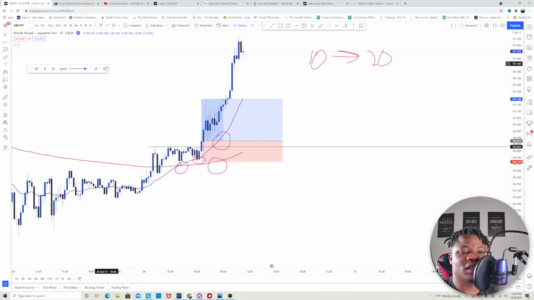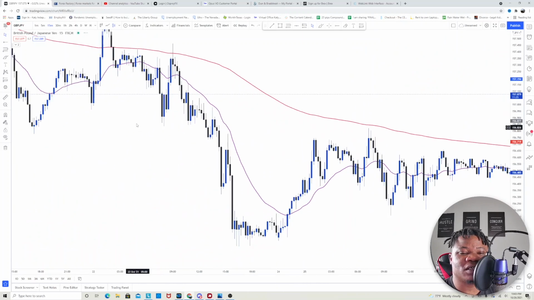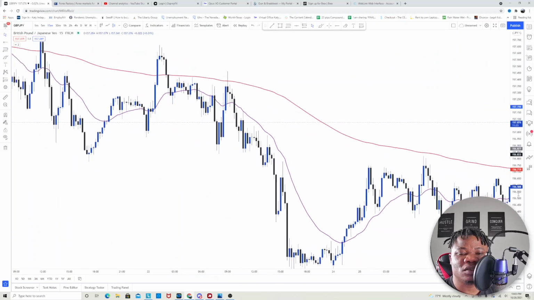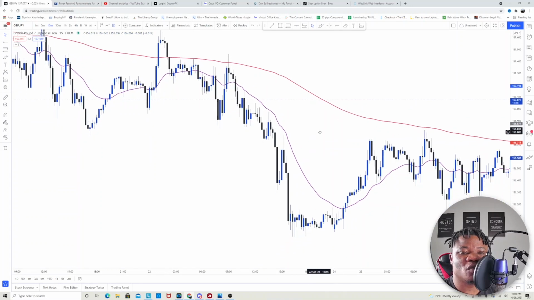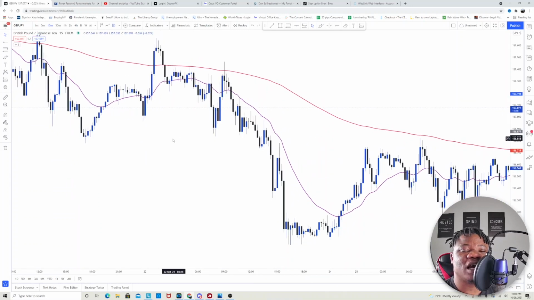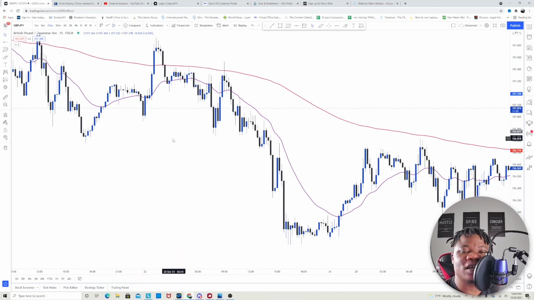So now let's take a look at one more example. Let's look for a sell example. When we're trying to take a sell example, what we need to look for is we need price to be below the 200 EMA and also below the 25 EMA, and we need the 2 EMAs to be going the same direction, facing downwards.